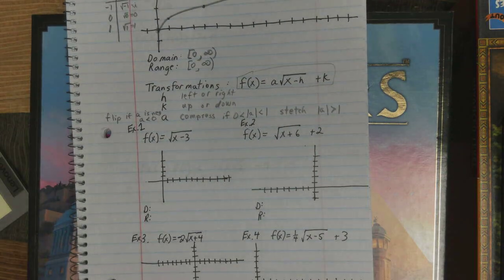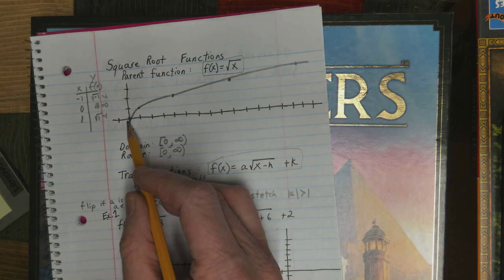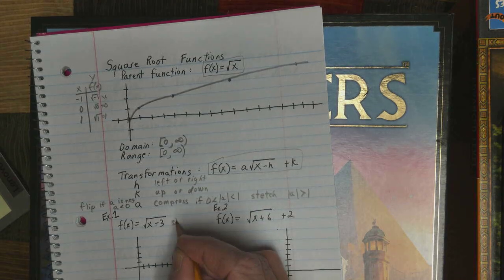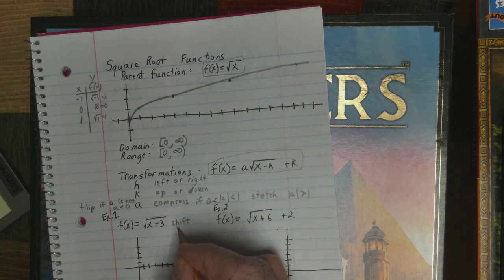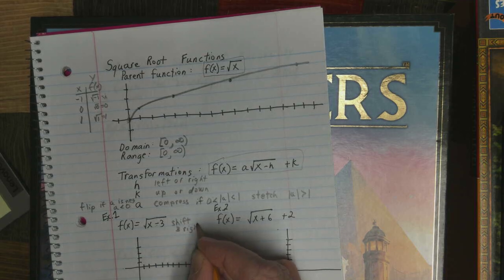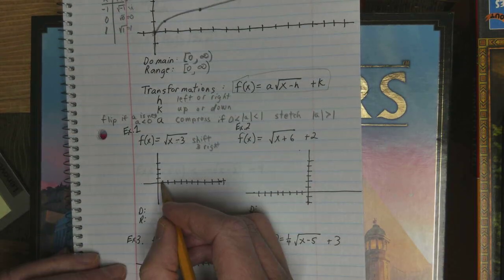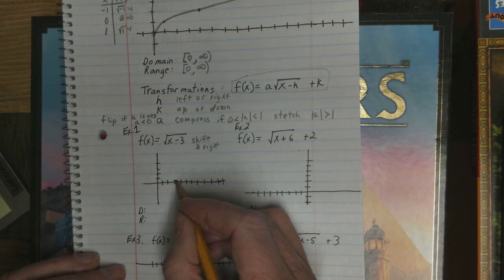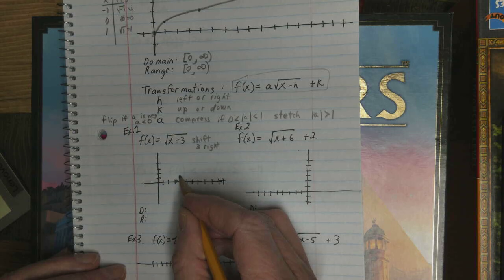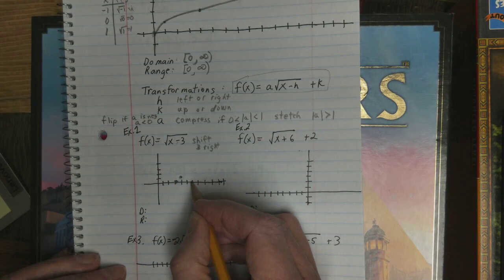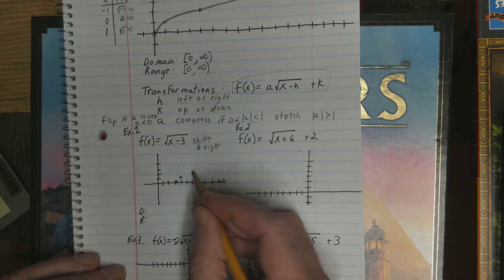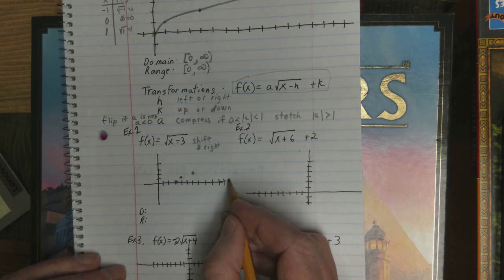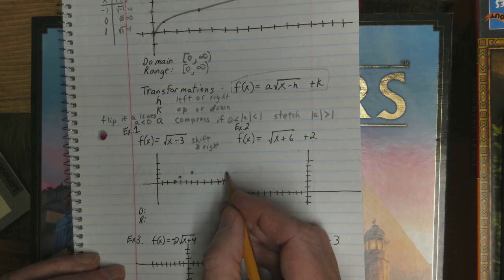Now, you can make tables, that's fine, but if you know this one, this graph is this, but with a shift of 3 units right. If I shift this 3 units to the right, 1, 2, 3, and start here instead of here, then I do the same thing. I remember that (1, 1), and that 1, 2, 3, 4, 2, and maybe that 1, 2, 3, 4, 5, 6, 7, 8, 9, 3.